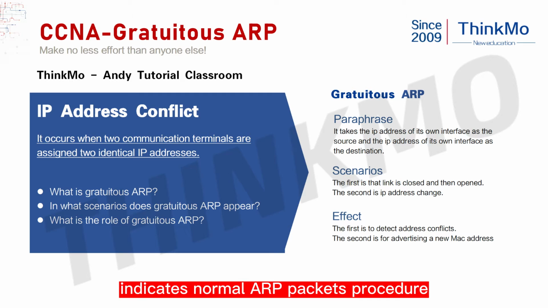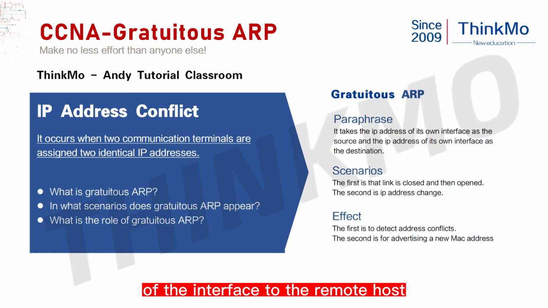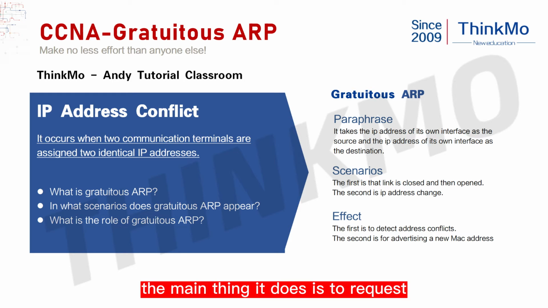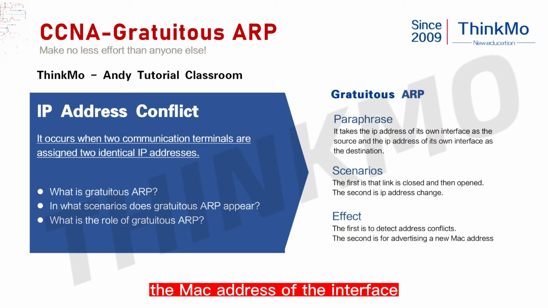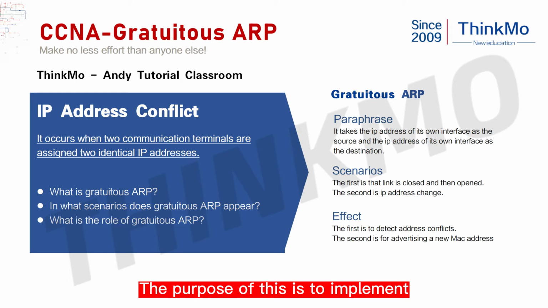This is the normal ARP packet procedure. The source is the IP address of the interface to the remote host, and this IP address is the destination. The main thing it does is to request the MAC address of the interface to which the peer IP address corresponds. The purpose of this is to implement packet encapsulation.